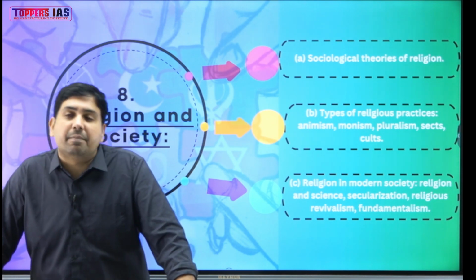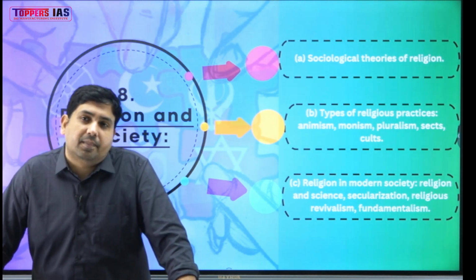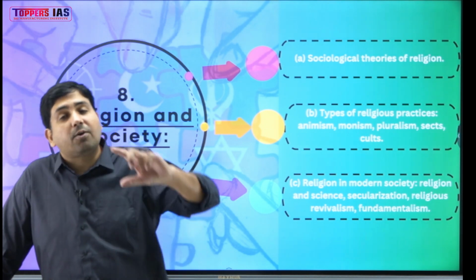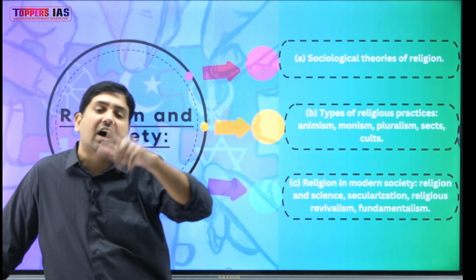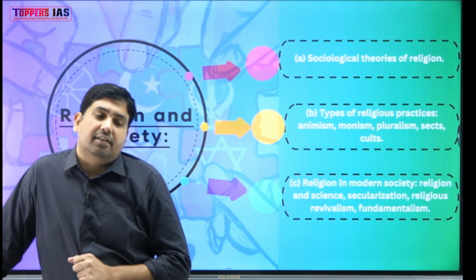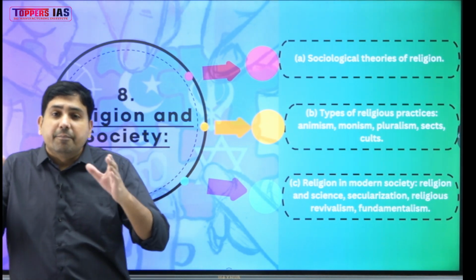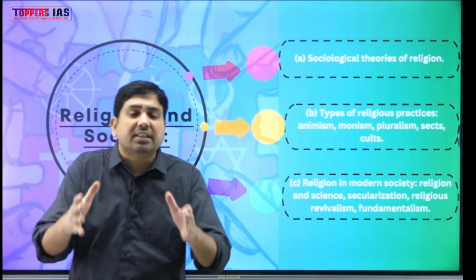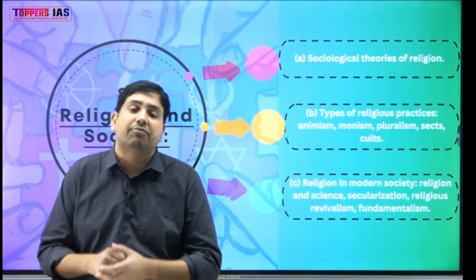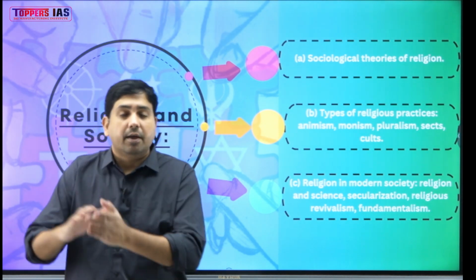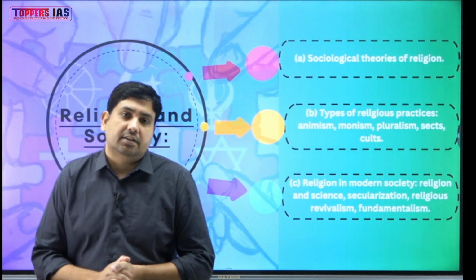So, opium of the masses. Okay? He says that religion promises rewards in the afterlife, and therefore it is making people accept their suffering in this life, suffering which comes out of exploitation at the hands of the capitalist class. Very interesting.